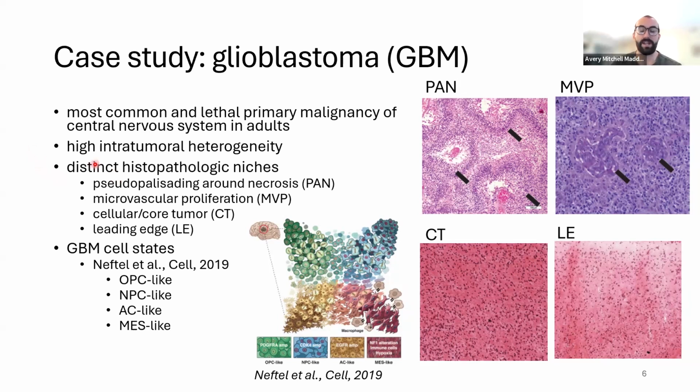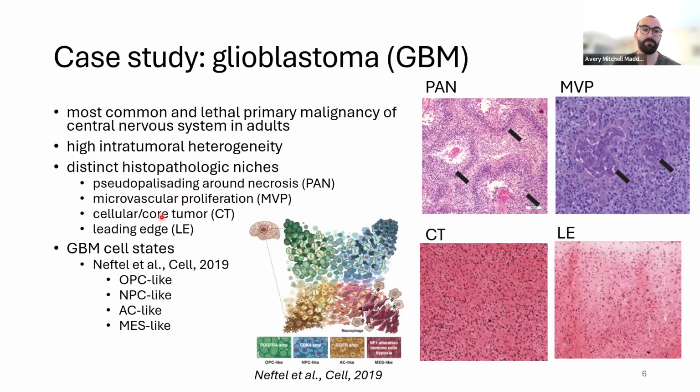And this heterogeneity can be broken down in two very broad ways that we did for this study. One, just from an H&E stain, you can see distinct histopathologic niches. The first would be pseudopalisading around necrosis, which is tumor cells fleeing these hypoxic regions, and they form the pseudopalisading structure here.